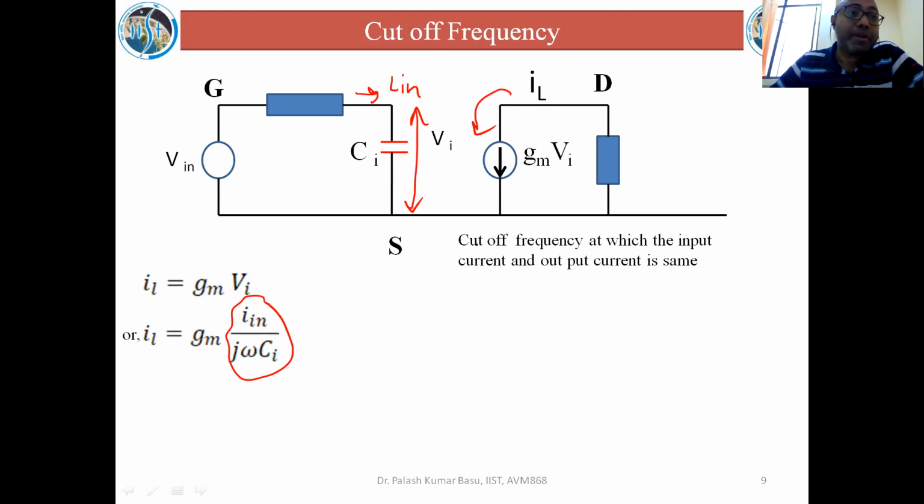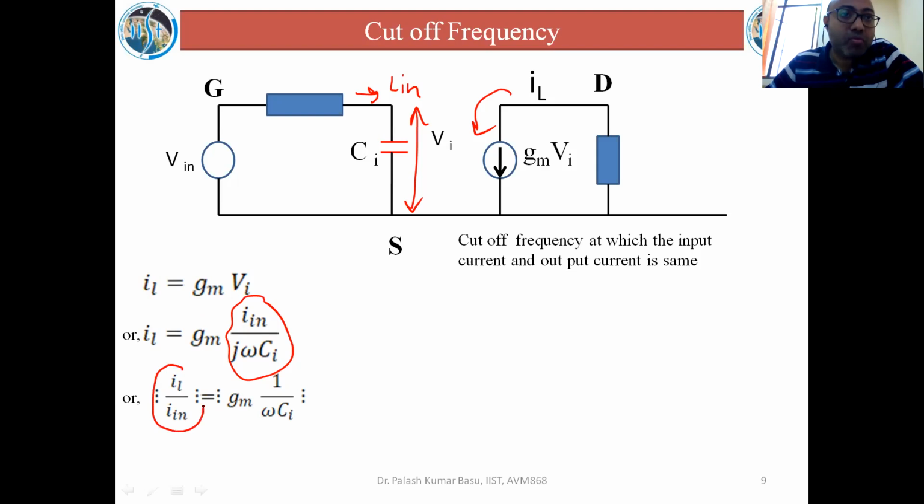Now, what is your cutoff frequency in circuit nature? You know that part: when the input current and output current are the same. That is the cutoff frequency, right? So that is what I'm doing here. I_L by I in is equal to GM by jwCi.